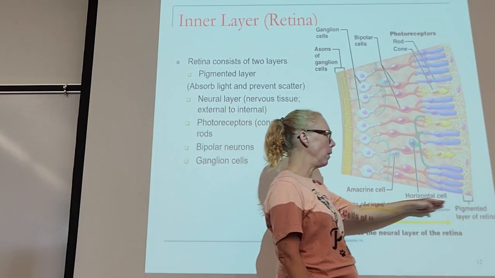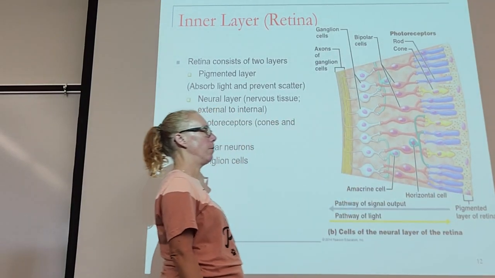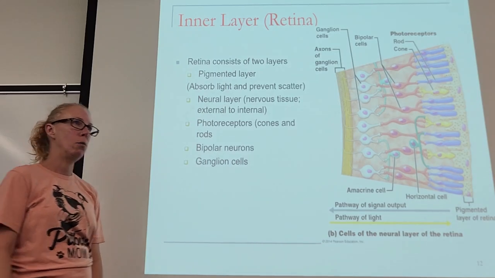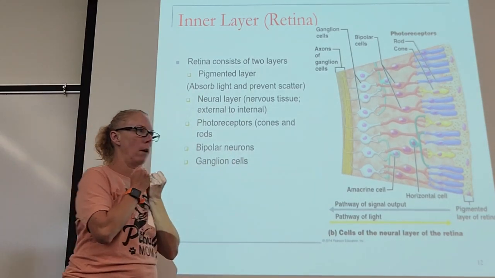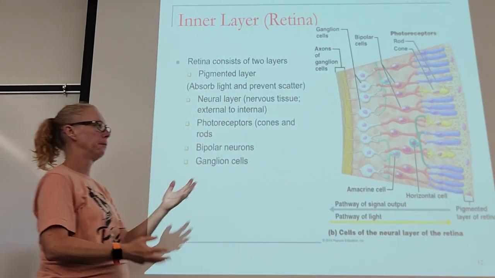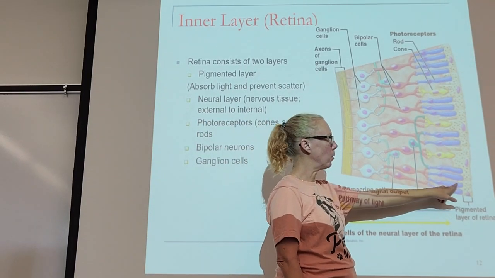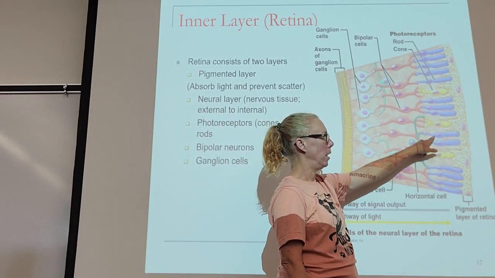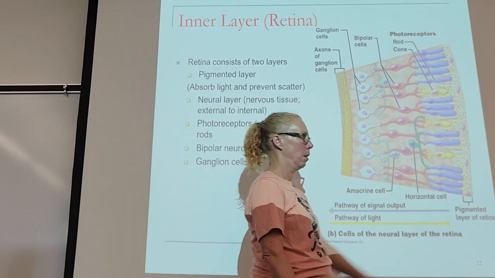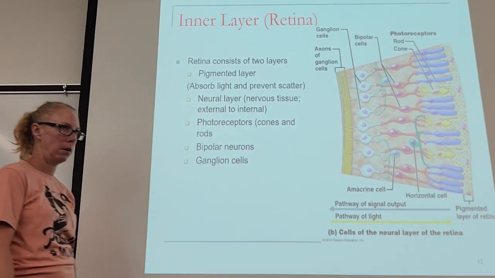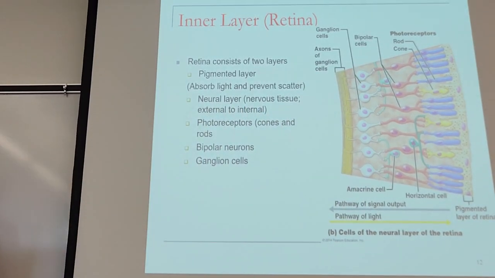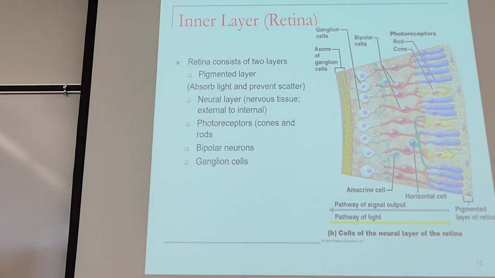So the end of the light pathway is signified by the pigmented layer. Once the pigmented layer traps and grabs those light wavelengths, we begin the electrical pathway, because that's going to stimulate these receptors called rods and cones.